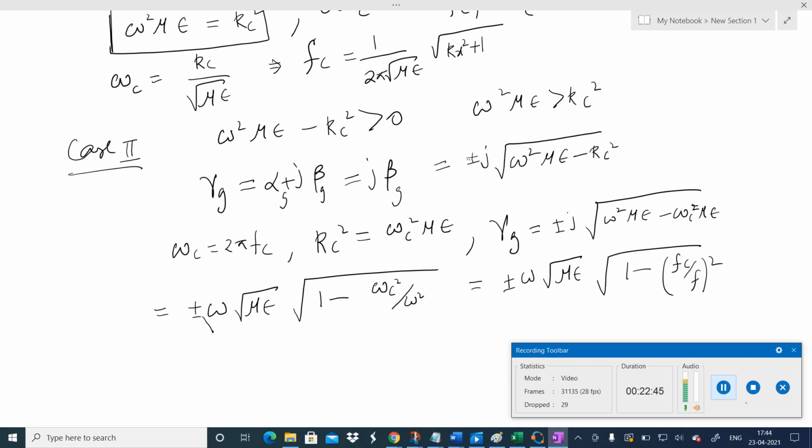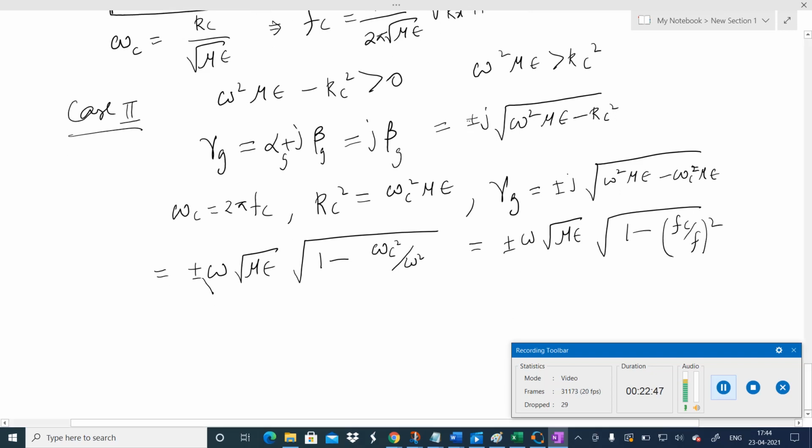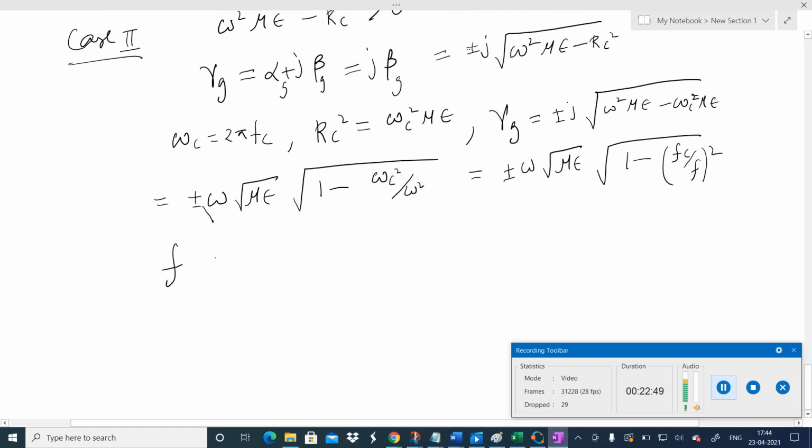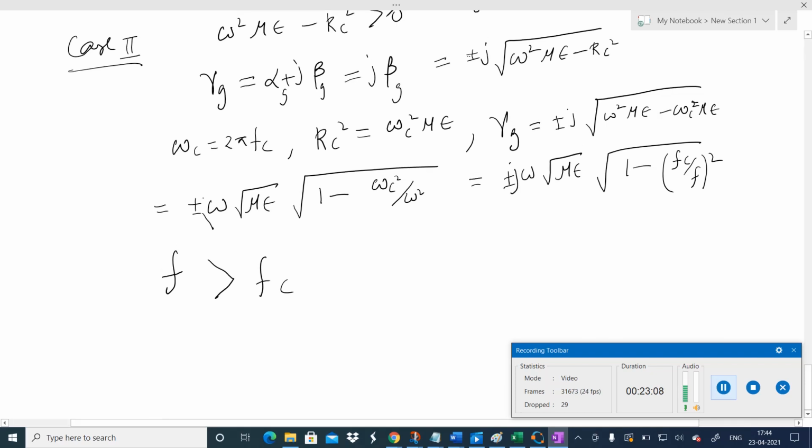Okay, so it means that the operating frequency, which is your f, must be above the cutoff frequency in order that the wave gets transmitted, because if f is less than fc, then the inside term will be negative and gamma g will not be imaginary.